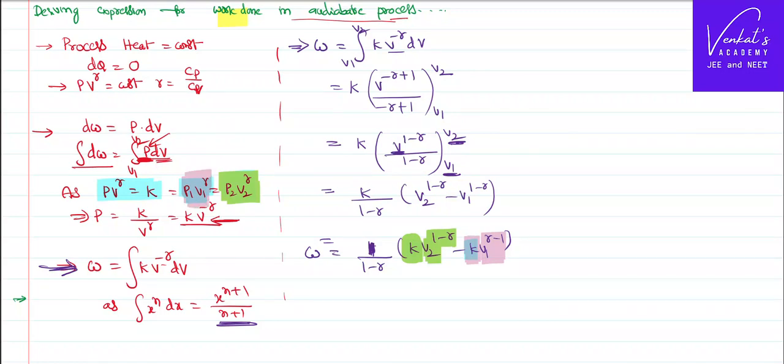Let's do that. That implies work done in the adiabatic process is 1 by (1-gamma) into, in the place of this K, to simplify, I will write P2 V2^gamma. Remaining is V2^(1-gamma). By writing like this, I can simplify this. That's why I'm trying to simplify the equation.